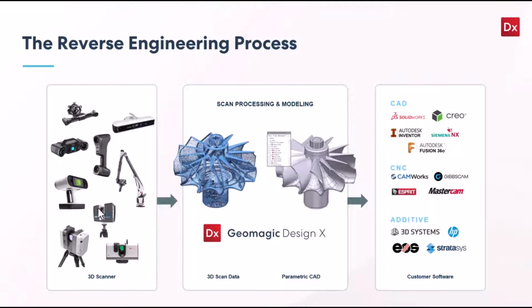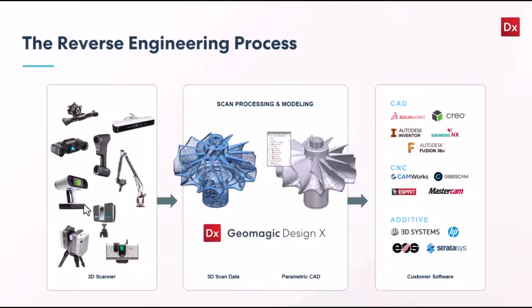All kinds of different devices were creating this type of data, and people were trying to load it inside of CAD, and were struggling a lot because CAD wasn't designed for this type of information. Enter Design X. We create this software that is a parametric CAD modeling kernel with a 3D scan kernel all in one space.